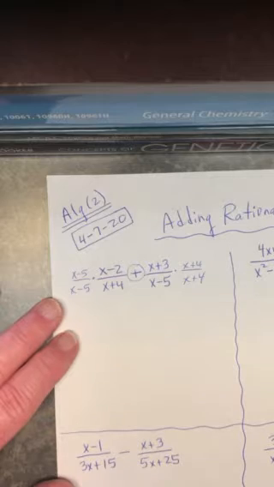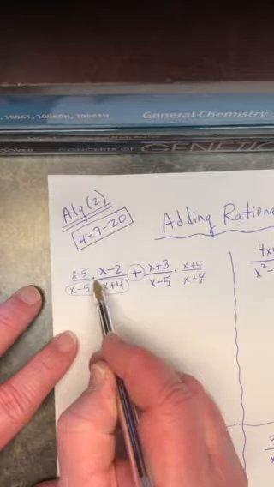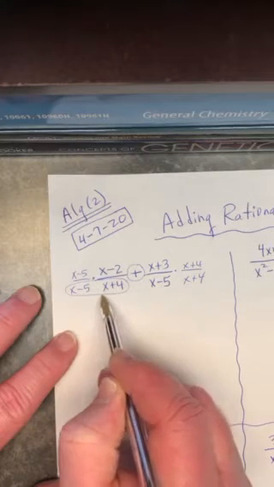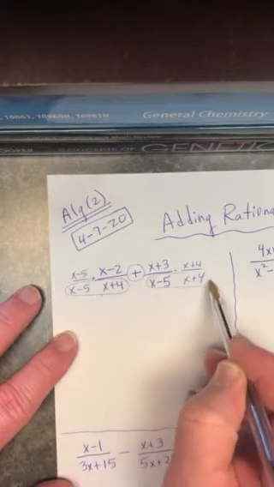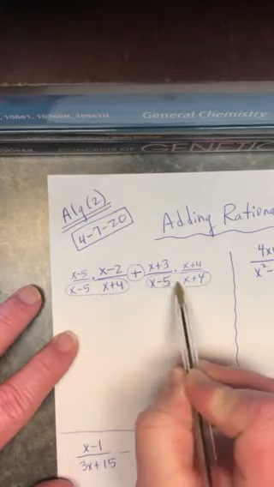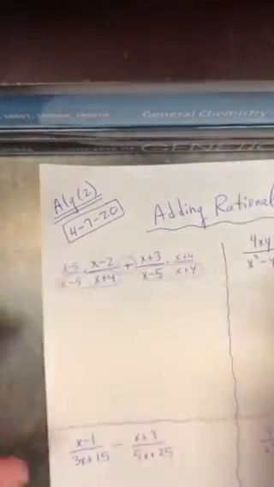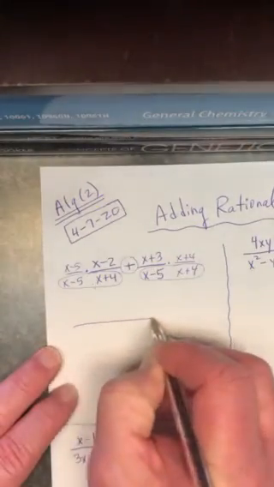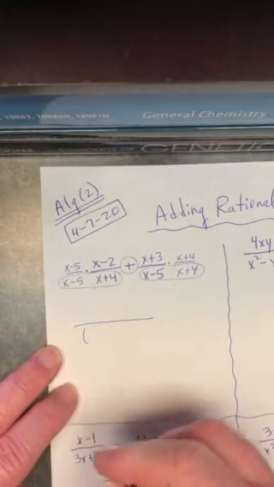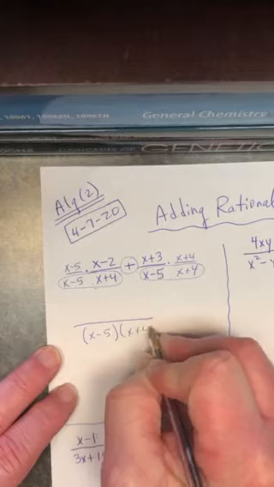Now notice the 2 values at the bottom of this first fraction now match the 2 values here on bottom of the second fraction. So the denominators are the same, and I can add all this together and get one fraction whose common denominator is, of course, an x minus 5 and an x plus 4.